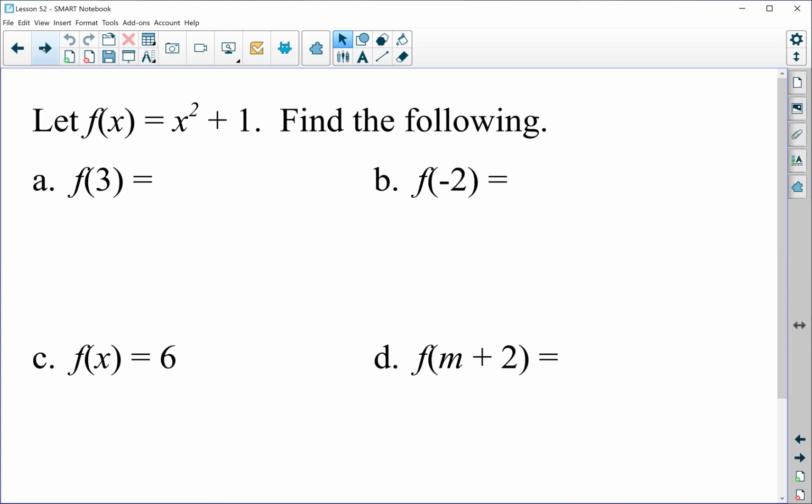All right, so your homework is going to look a lot like this. Here's a function: f of x is equal to x squared plus 1. Find the following values.